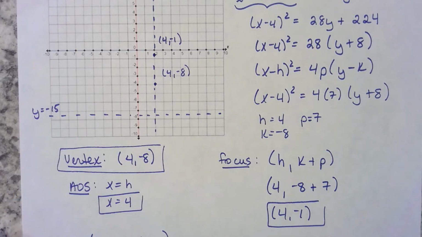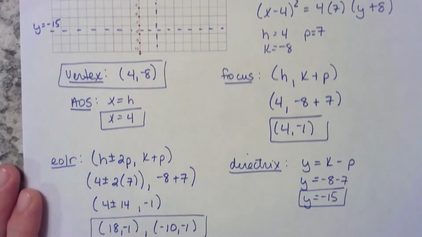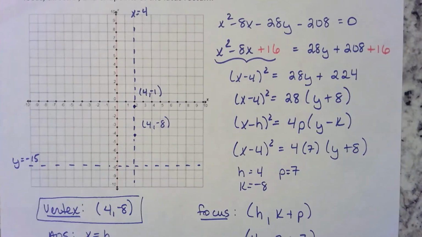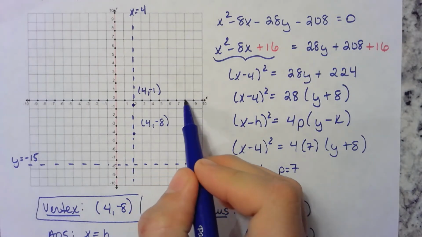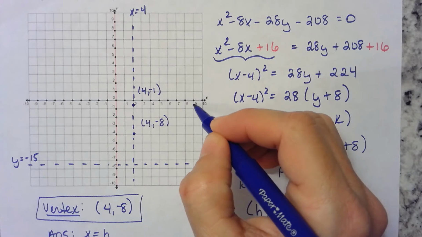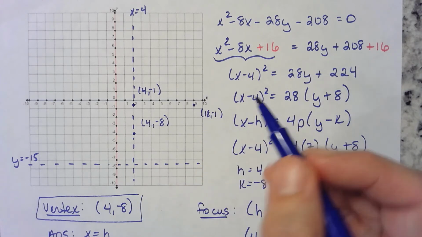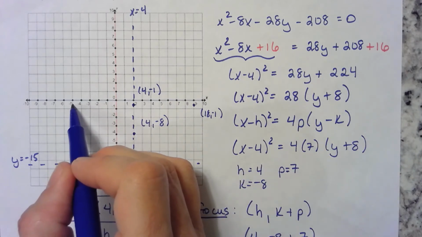And then we have the endpoints of the latus rectum. So we have (18, -1) and (-10, -1). (18, -1): 2, 4, 6, 8, 10, 12, 14, 16, 18, -1. And we have (-10, -1).